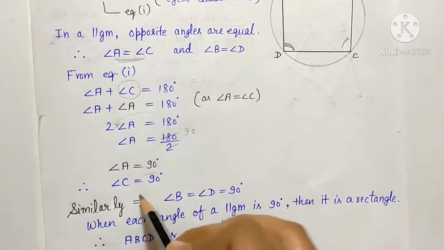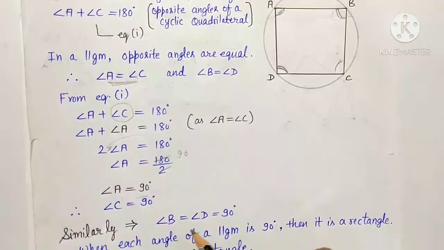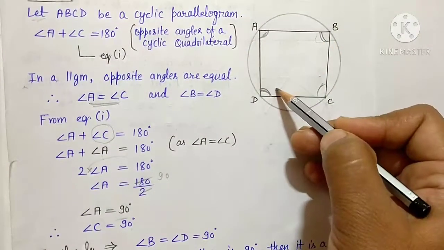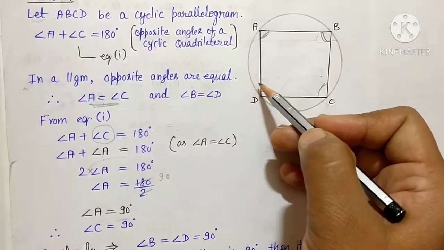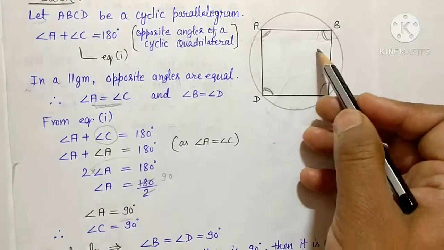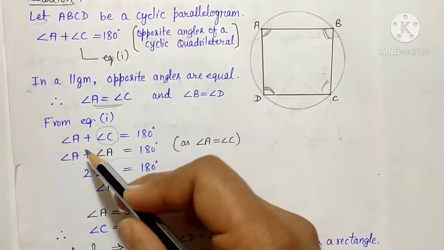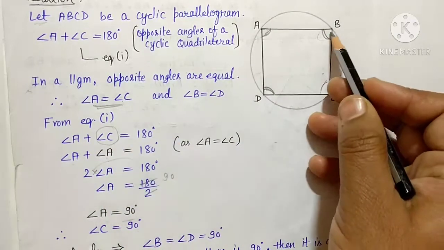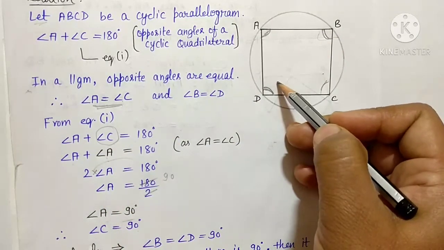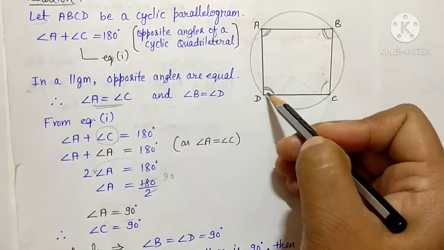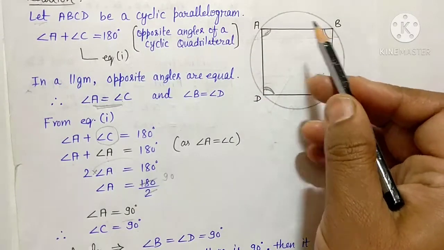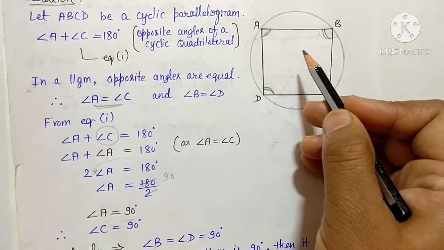Similarly, we can say that angle B equals angle D, as these are the angles of the parallelogram. In a parallelogram, opposite angles are equal. As we have proved that angle A plus angle C equals 180, we can say angle B plus angle D is also 180. Then in place of angle D we can write angle B, so twice angle B becomes 180.